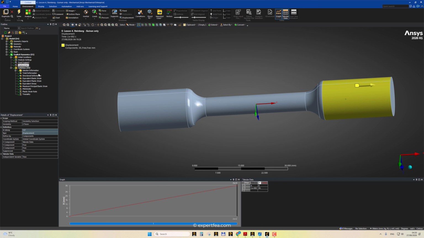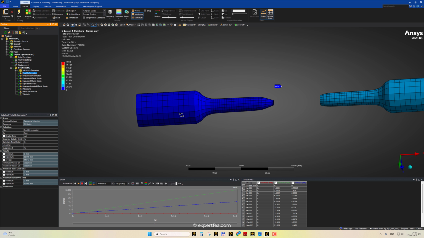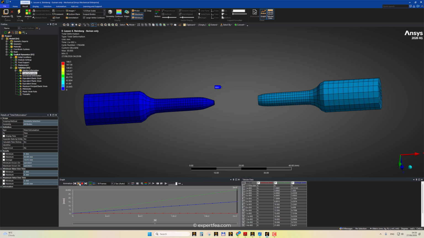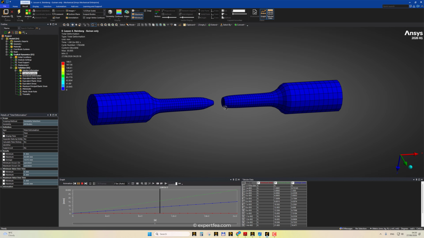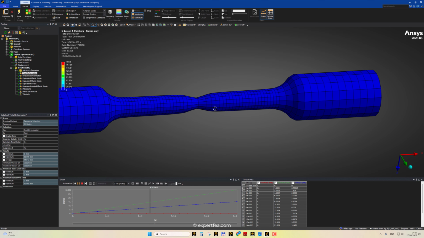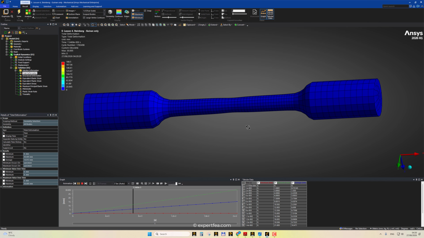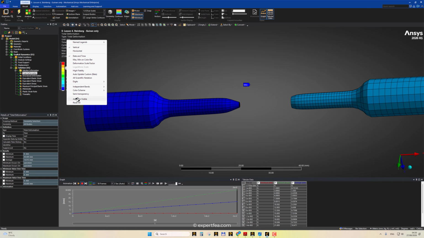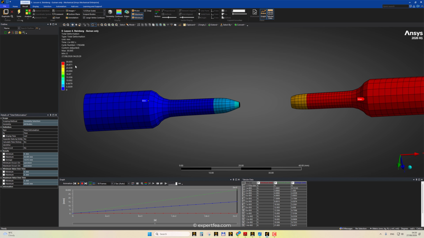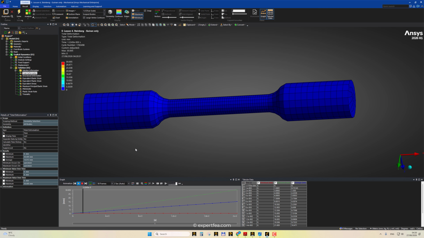Let's animate a little and then let's see the results. What is nice here, we do have necking. This is what I promised to you in the previous lesson. We do have necking. Let me adjust to visible because it wasn't; the value was not correct there.